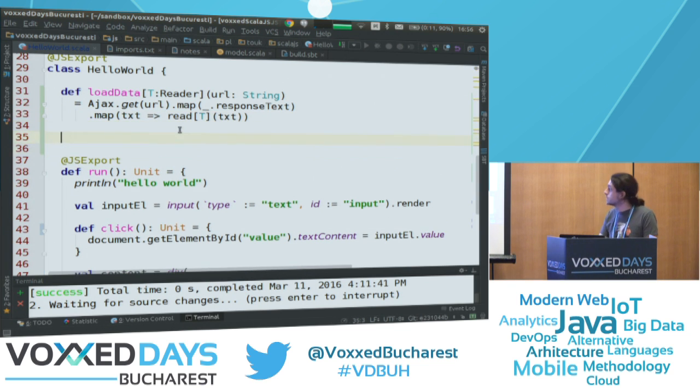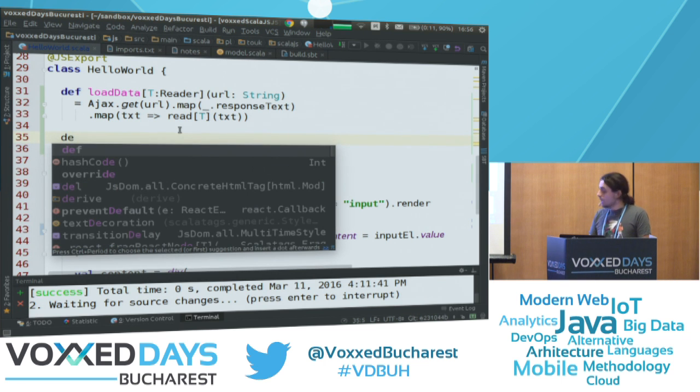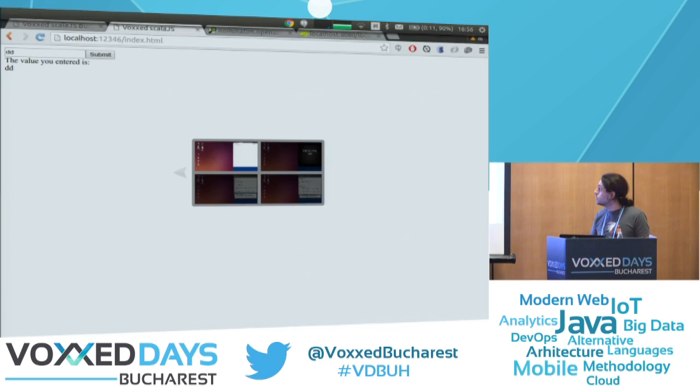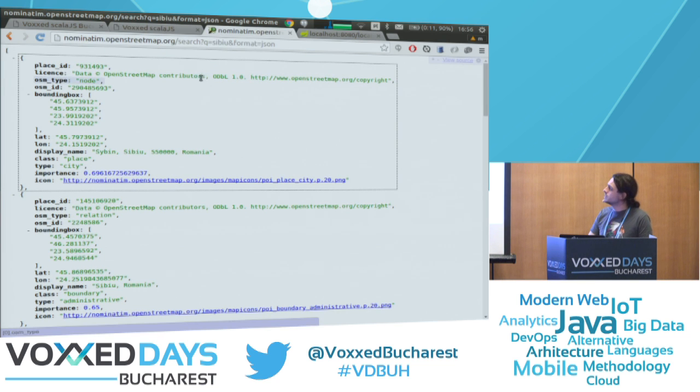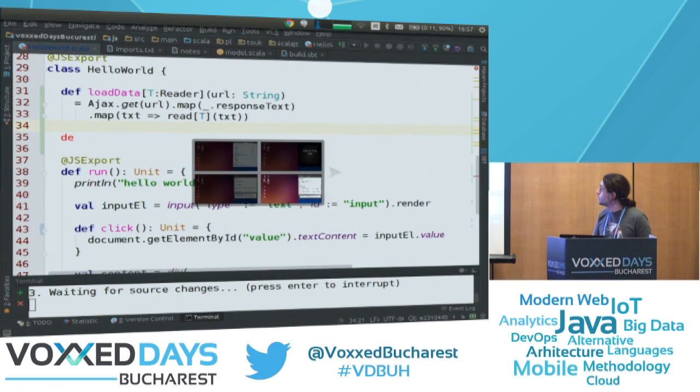So let's see how it looks in practice. I want to show you an example with the Nominatim service. It's a geolocalization service. Mainly you put what you want to query, like CBU, and you are provided with a list of places that match your query.